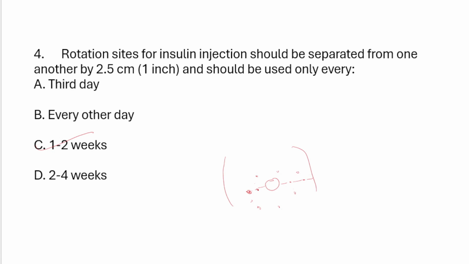Again after 1 or 2 weeks only, we give the same area, because otherwise lipodystrophy will happen and lipids will break down. If we give at the same site again, lumps form under the skin. If lumps form, insulin absorption will decrease. So we need to rotate the site of injection every 1 to 2 weeks.